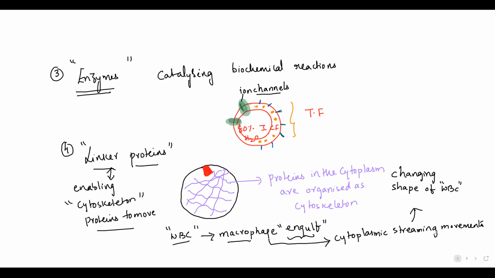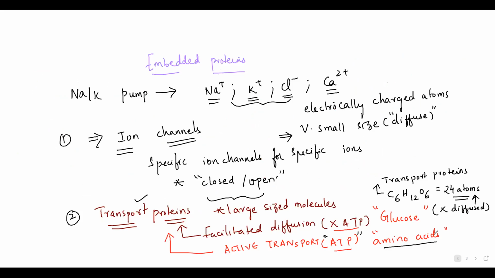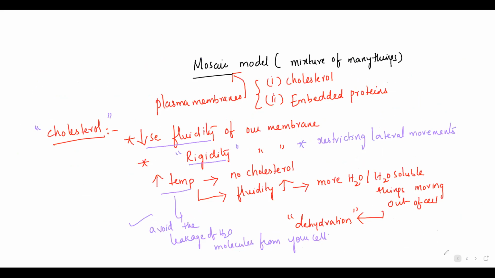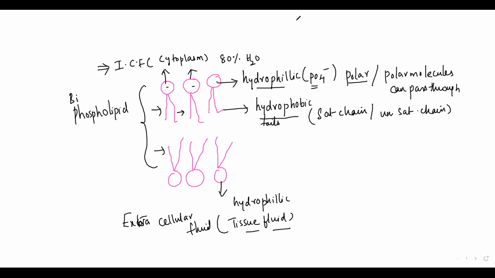We have linker proteins giving a change in the shape of your cells, and transport proteins which transport either using ATP or not using ATP. We have ion channels which open for small particles, and we spoke about the cholesterol which is present.